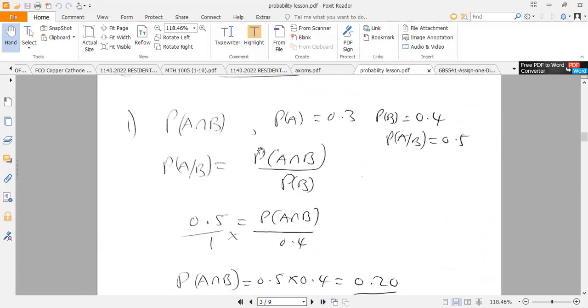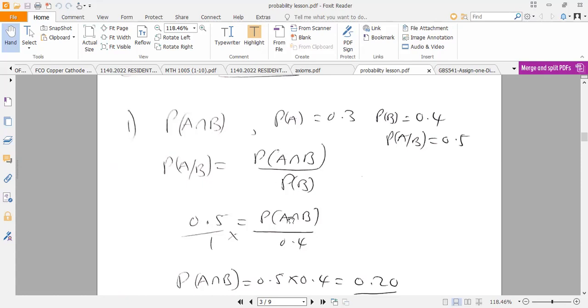The first thing, you need to expand A given B. We say the probability of B is in the denominator, then you intersect A and B like that. We agree on this here. This is what we started from. Where there is A given B, we have 0.5, we'll put it here. Where there is probability of B, there is 0.4, we'll put it here.